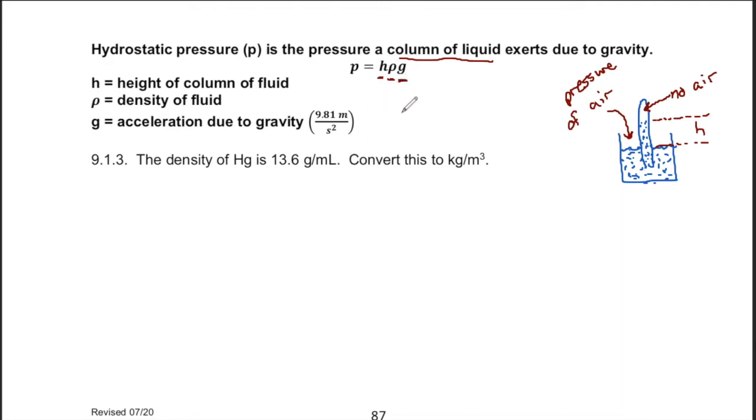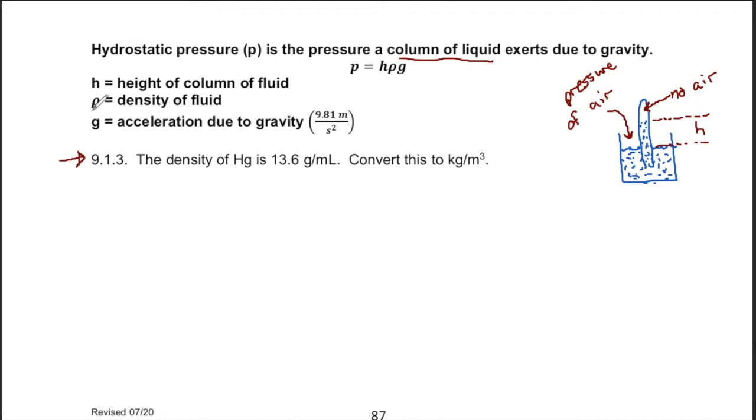And then the acceleration of gravity, if you were trying to measure the pressure somewhere else where the gravity was not as much of an effect, if you went to the moon to measure pressure, that would affect the pressure as well. So we're going to figure out how high a column of mercury we can pick up with an atmosphere of pressure, or we'll figure out what the pressure is of a certain column of mercury.